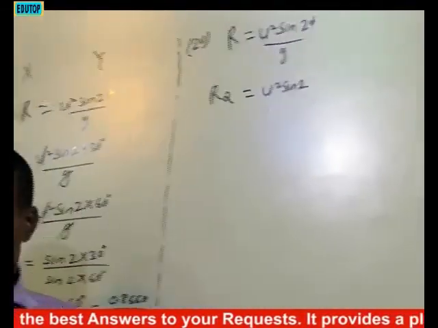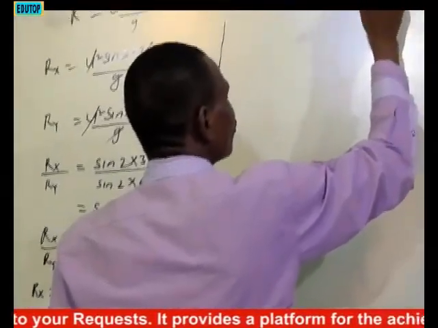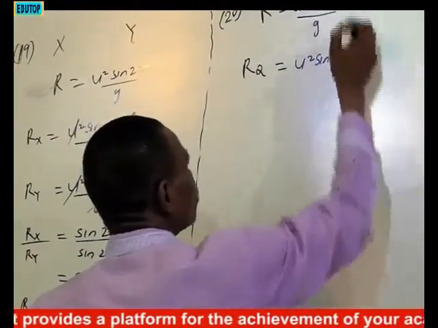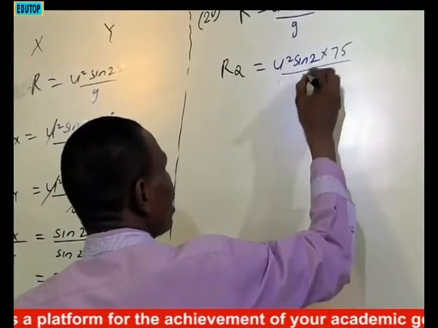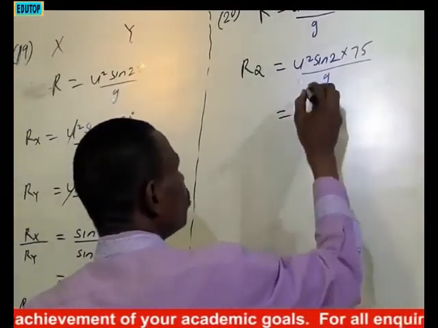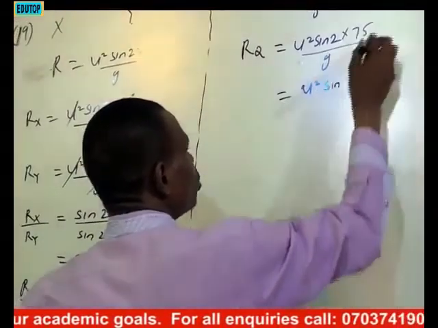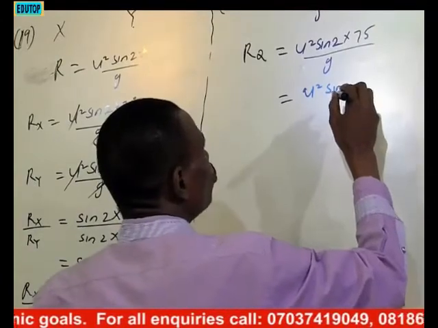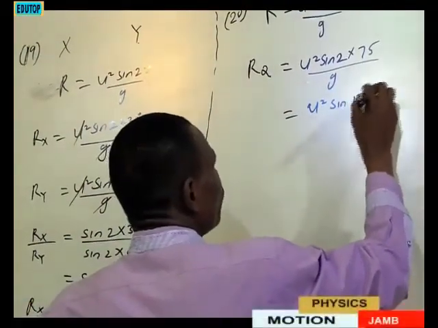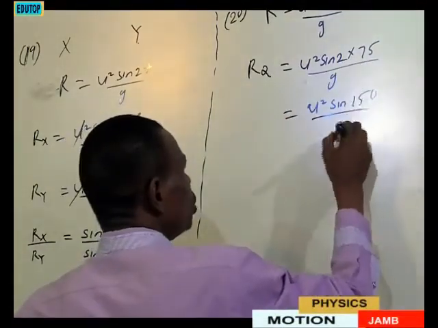What is the angle of projection for stone Q? 75. So 2 times 75, which is equal to u squared sine 150, that is for Q, divided by g.